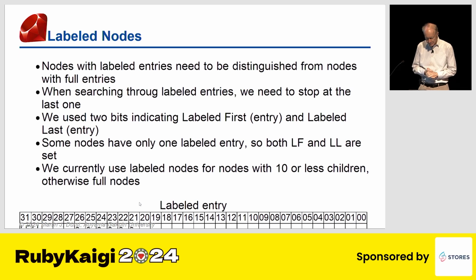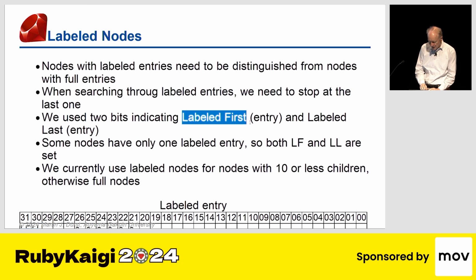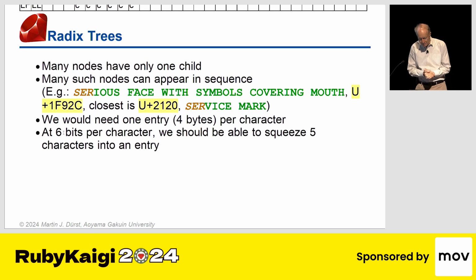And then we have a list of labeled nodes, and to distinguish them from full nodes, we use a labeled first bit and a labeled last bit, so that we know from where to where this goes.